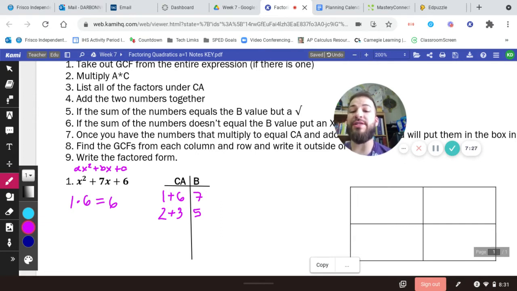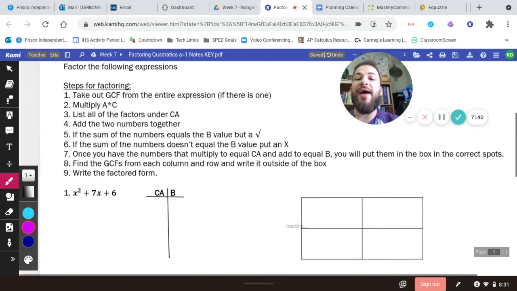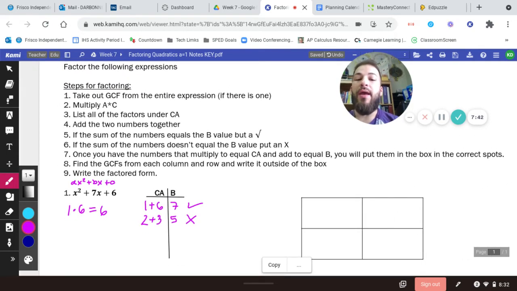So our b value in our equation is 7. 1 plus 6 is equal to 7, so that one's good. 2 plus 3 is equal to 5, so that one is not good. Once we have the numbers that multiply to equal CA and add to equal B, you will put them in our box in the correct spots.